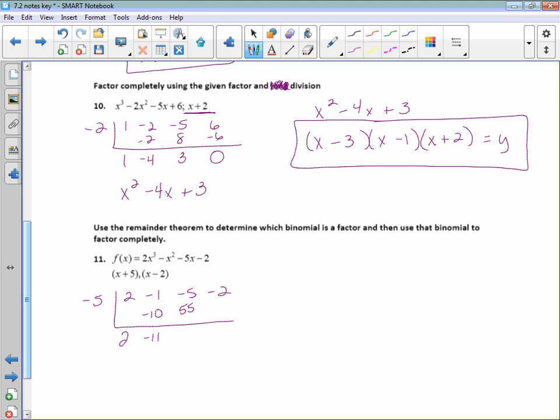And guys, when I get to that point of 55, is there any chance I'm going to get a 0 at the end? No. So do I need to finish my synthetic division with this one? No, I know it's not going to work. I'm going to cross it out. So let's do our 2.